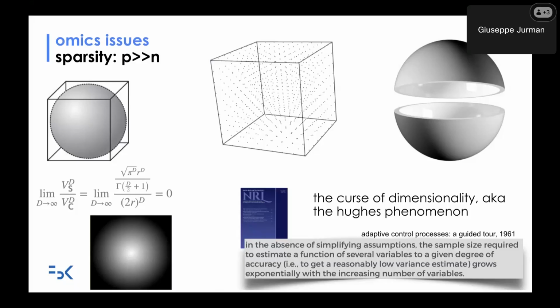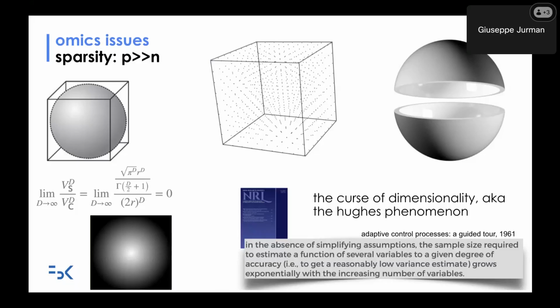In general, this has consequences also in terms of approximating functions, okay? So if we don't know anything else, if we don't have simplifying assumptions, the sample size required to estimate a function of a number of variables to a given level of accuracy grows exponentially with the number of variables.